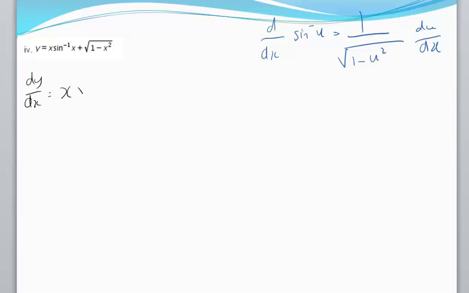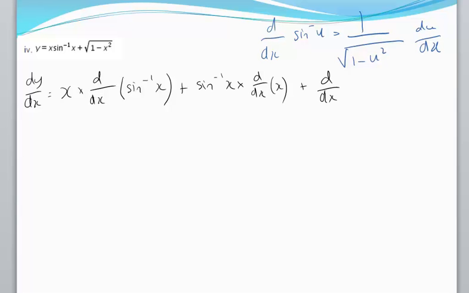So it's going to be x multiplied by our differential of inverse sine of x, plus inverse sine of x multiplied by our differential of x. Then we've got this second part, which we differentiate, and it's our square root, so 1 minus x squared to the power of a half.